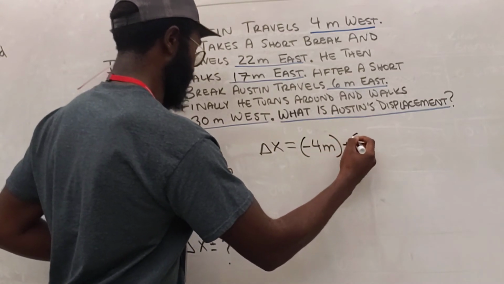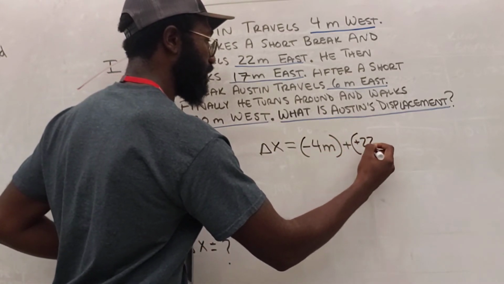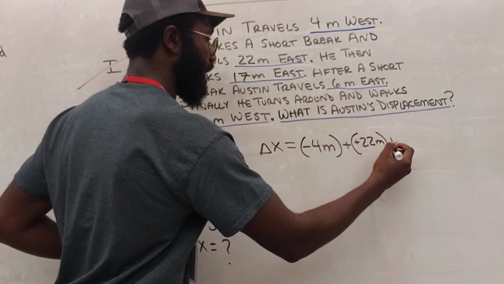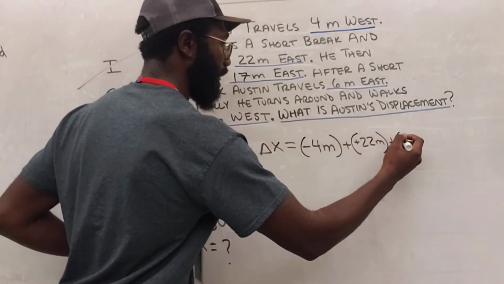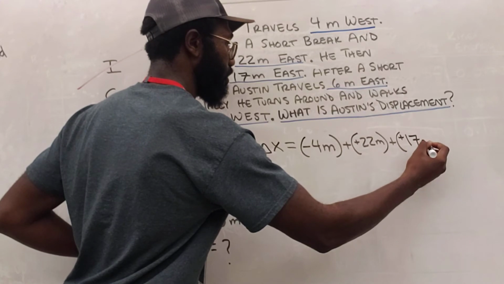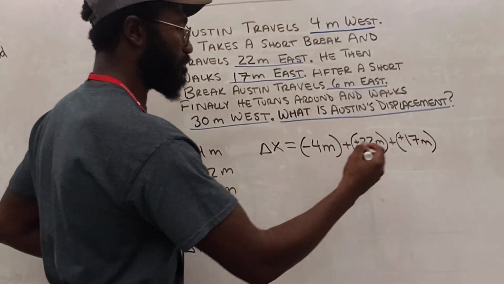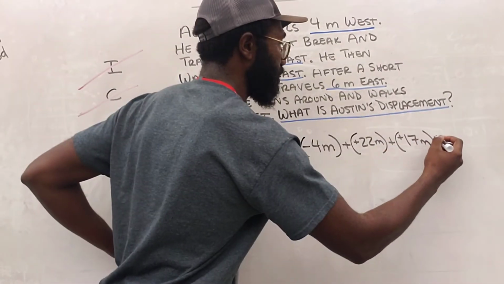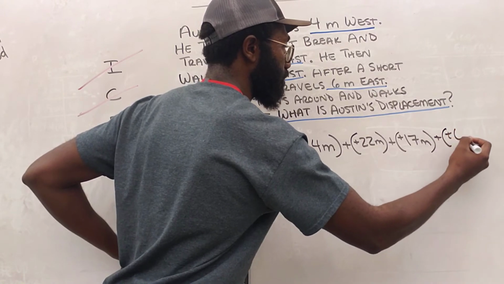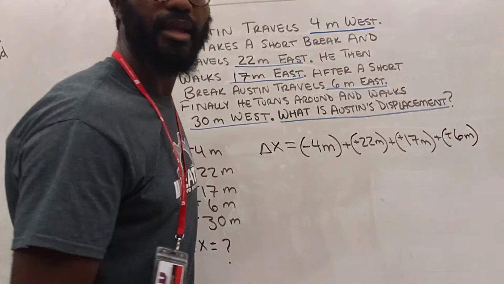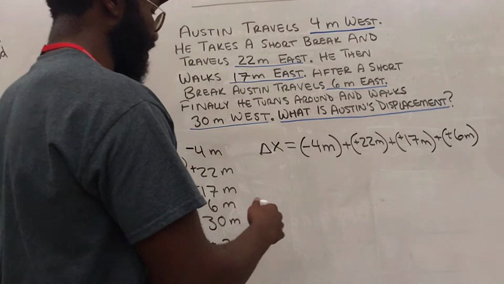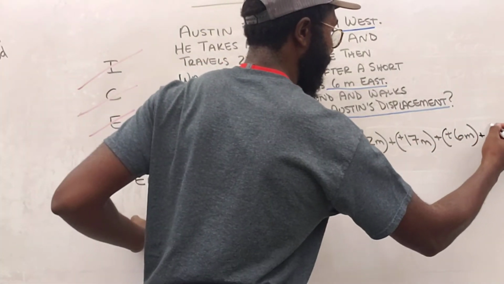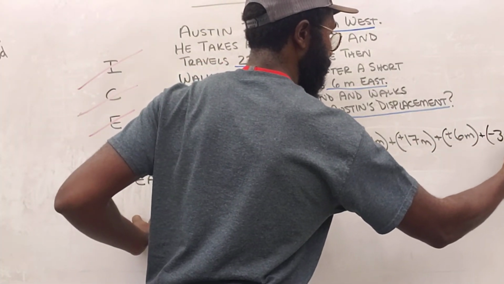That's going to be combined with positive 22 meters. That is going to be combined with positive 17 meters. All right, that's going to be combined with a positive 6 meters. All right, running out of space here, and that is going to be combined with a -30 meters.